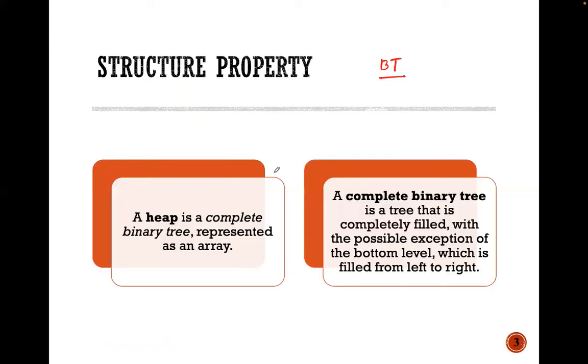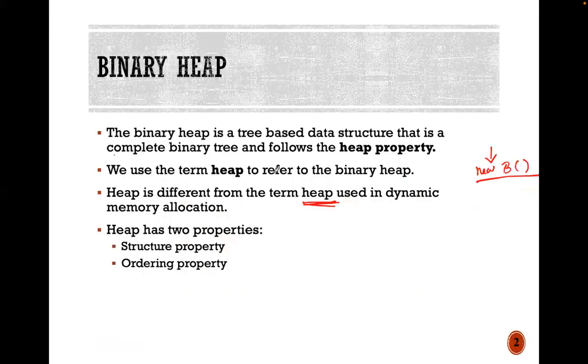All right, so a heap has two properties, structure and ordering. The structure property says that a binary heap is a complete binary tree. Now the next property is the ordering property.